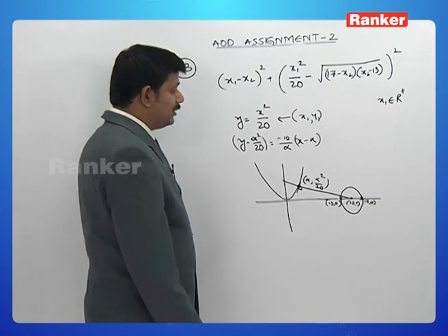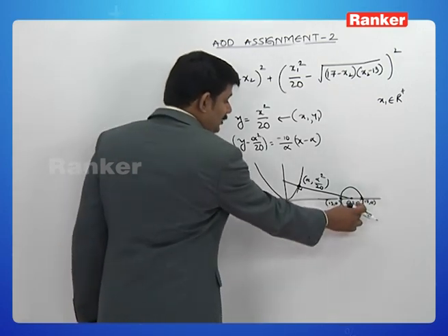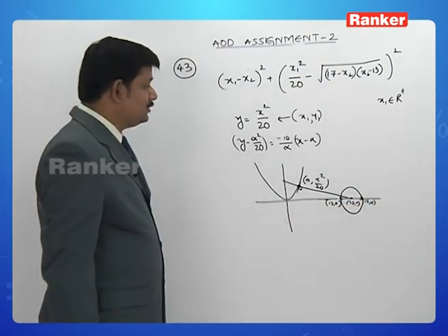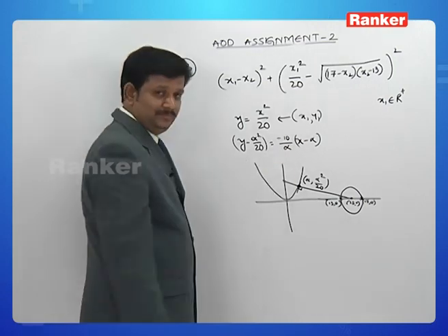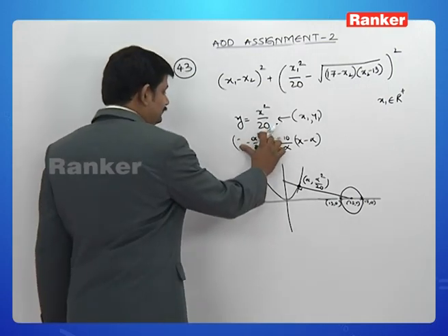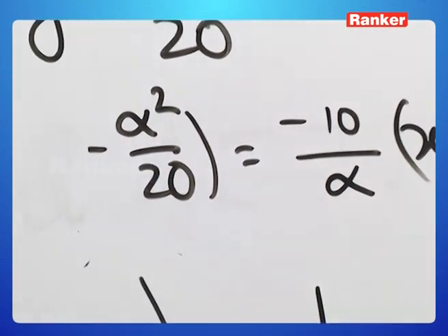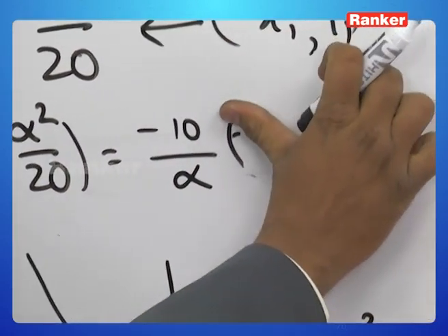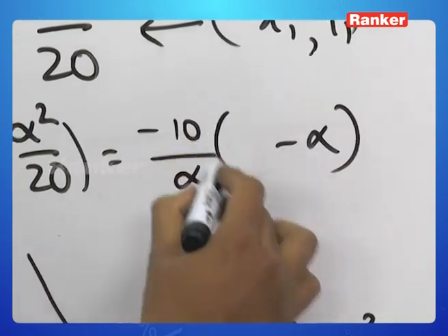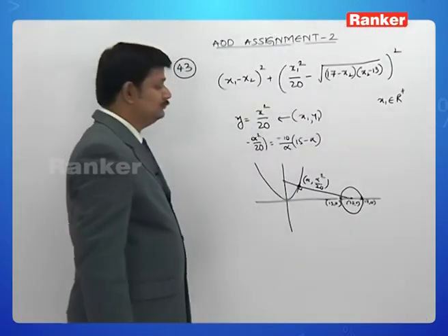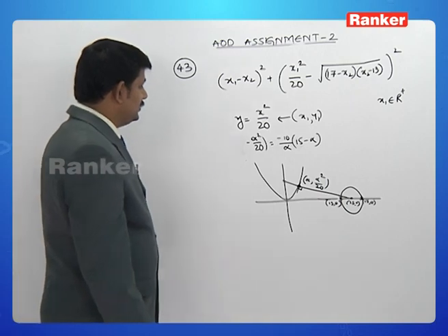Now, we need the common normal, that is, the normal of the parabola passing through 15 comma 0. Substitute 15 comma 0: the y coordinate is 0, so let us make this 0, and the x coordinate is 15, so let us make this 15. Now, look at the equation.